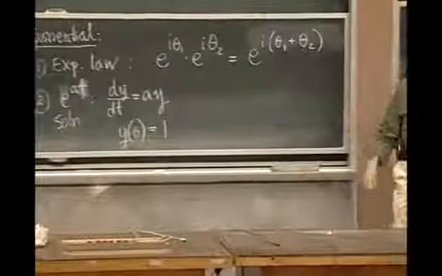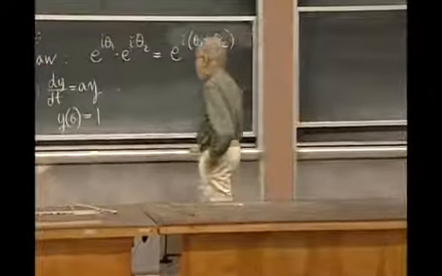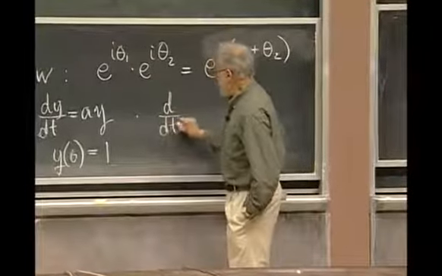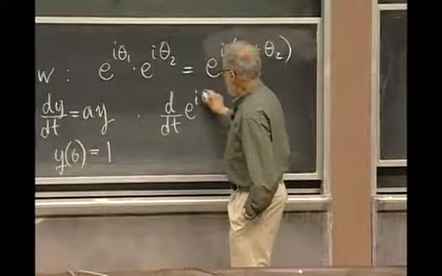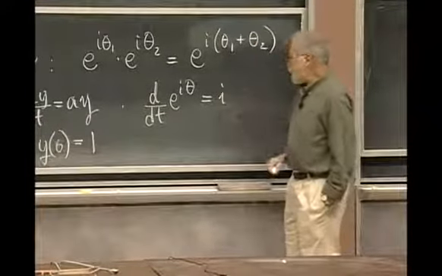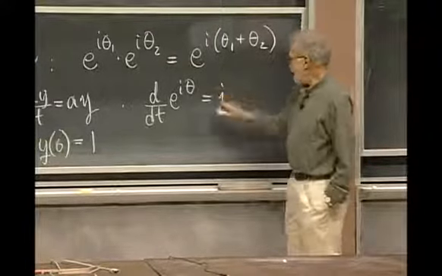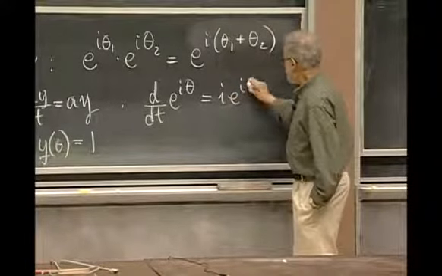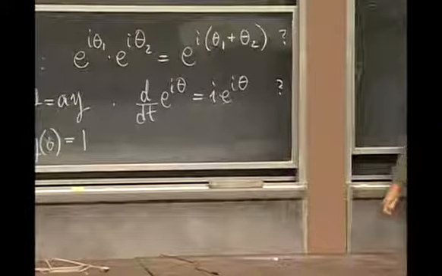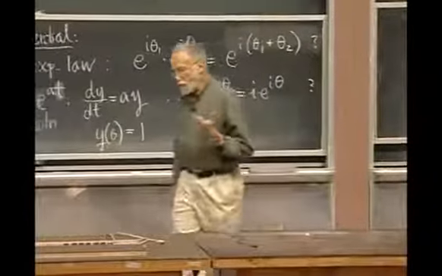If that turns out to be so, that's a big step. What would we like to be true here? Well, will it be true that the derivative with respect to t of e to the I theta is equal to I times e to the I theta? So, question? I think those are the two most significant things.